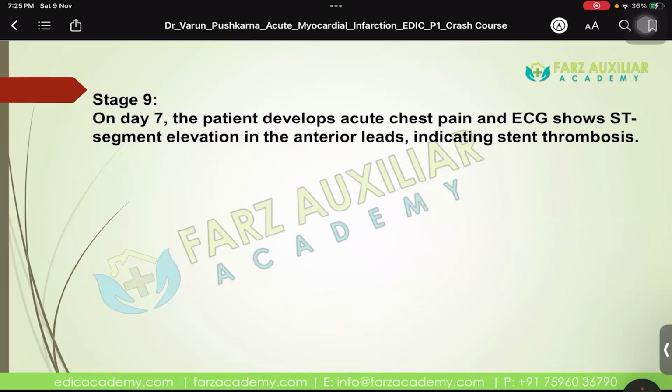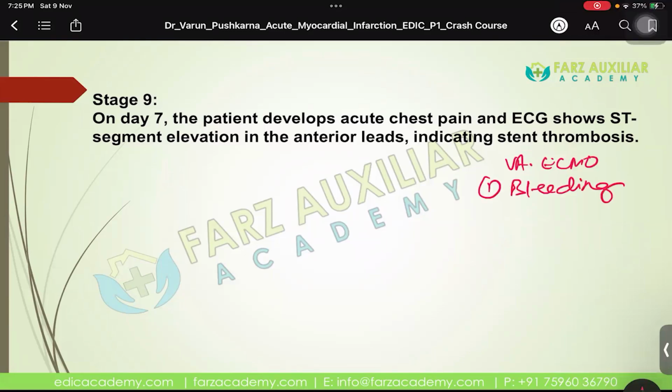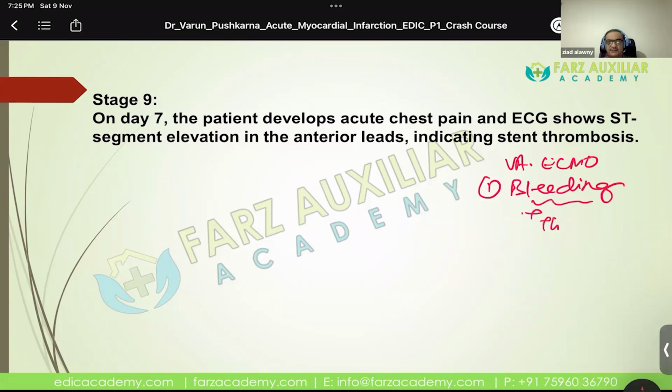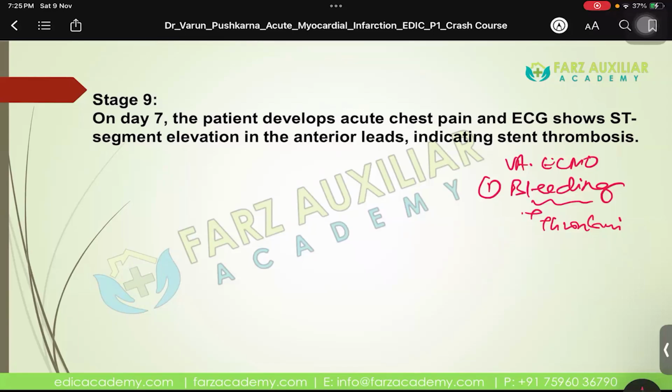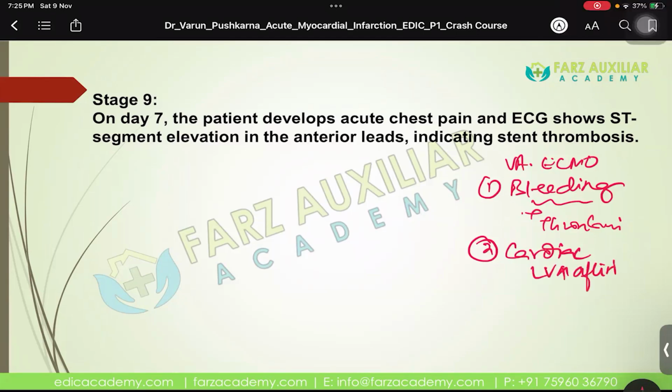The complications of ECMO. You start with bleeding, thrombosis, HIT, DIC. Second, cardiac, increased afterload.